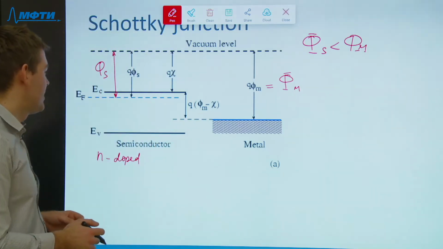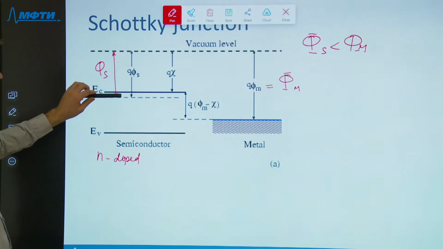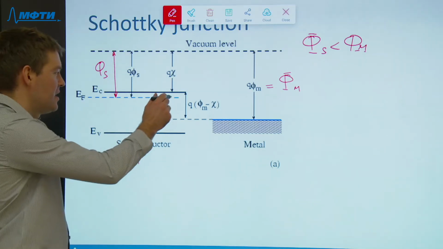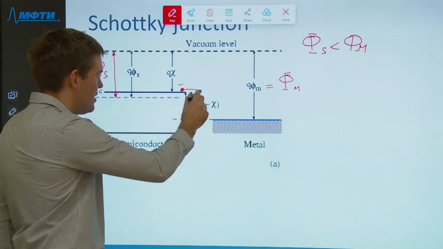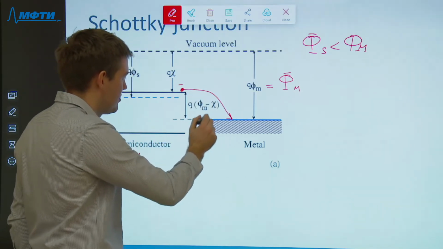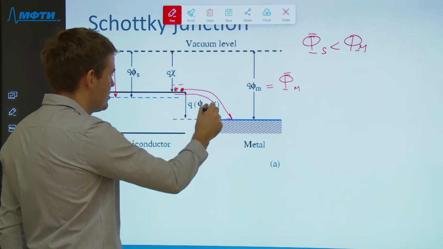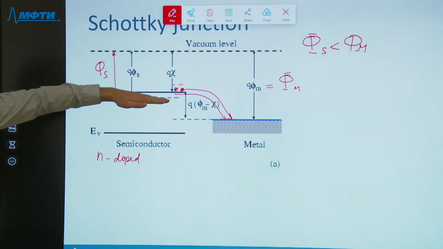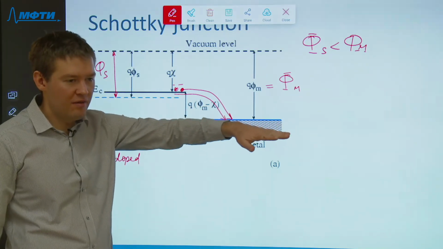So if there are some electrons on the donor levels or in the conduction band in semiconductors, they have typically higher energy than the Fermi level in metals. So they will try to move from semiconductor to the metal. And they will try to fall from the higher Fermi level to the lower Fermi level.